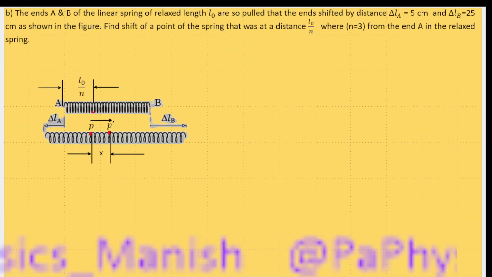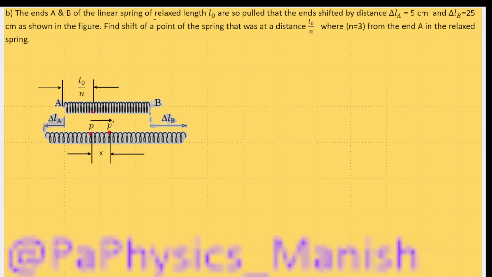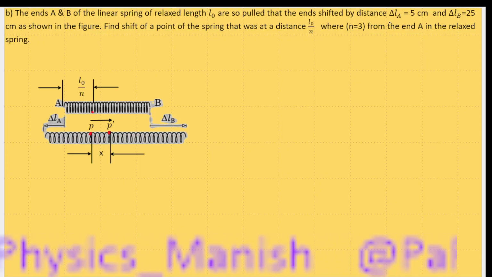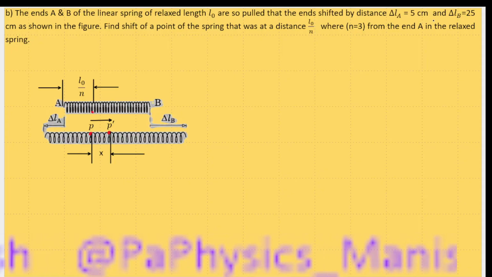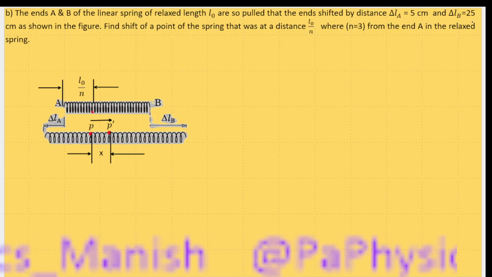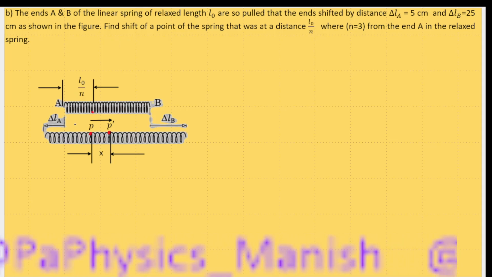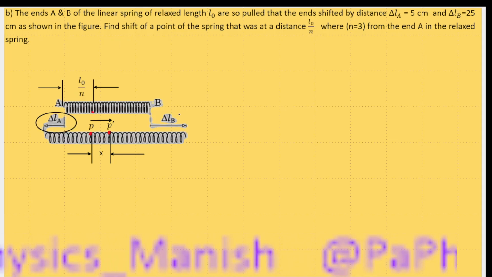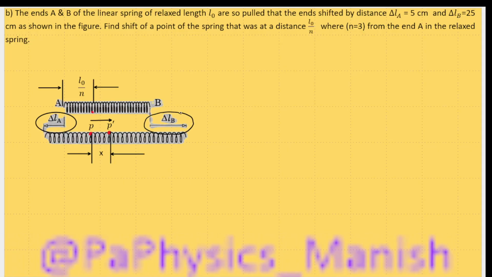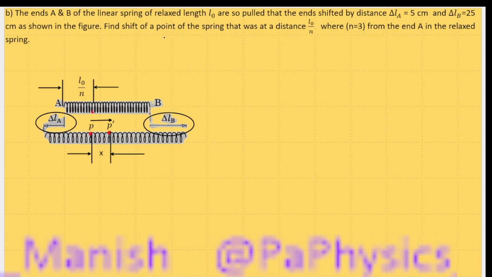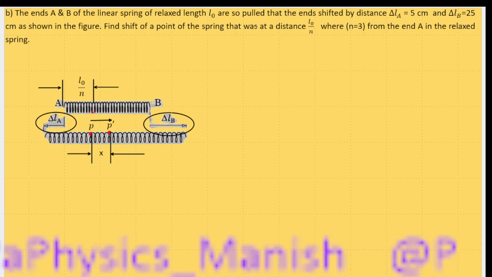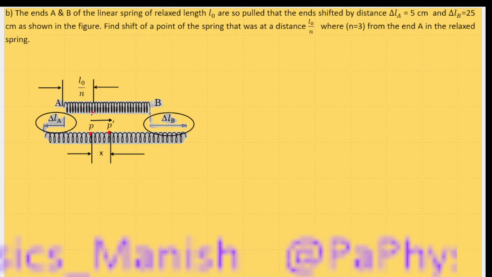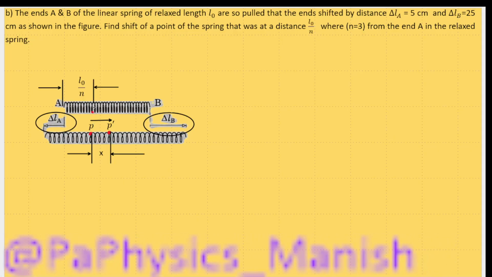The second part of the question: the ends A and B of the linear spring of length L naught are so pulled that the ends shift by a distance delta LA equal to 5 cm and delta LB equal to 25 cm, as shown in the figure. Find the shift of a point of the spring that was at a distance L naught by N from A. There was a point P, which we have shown here as a dot.